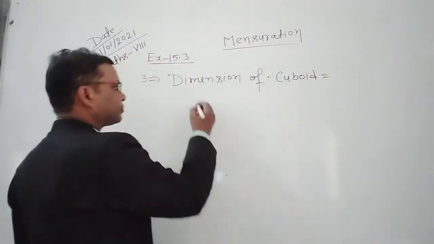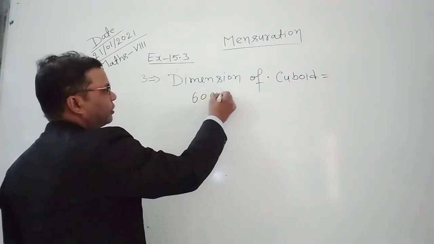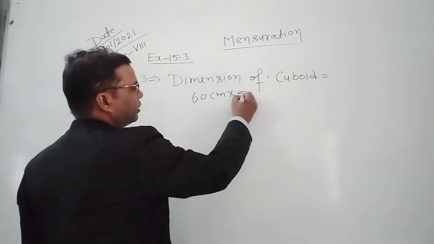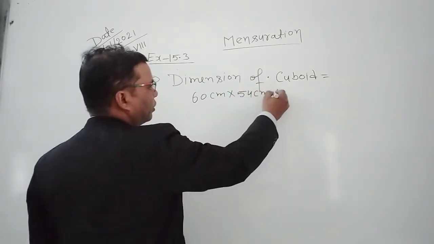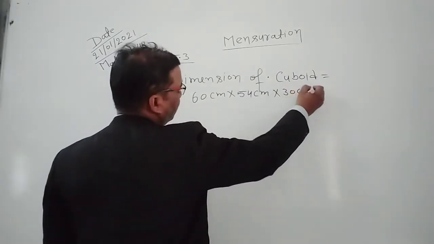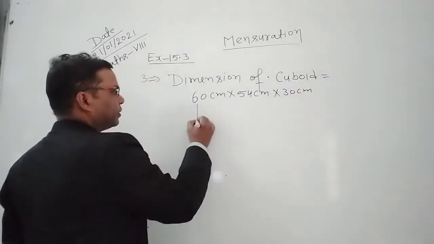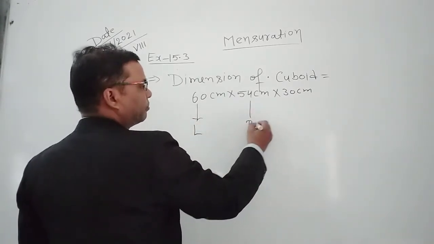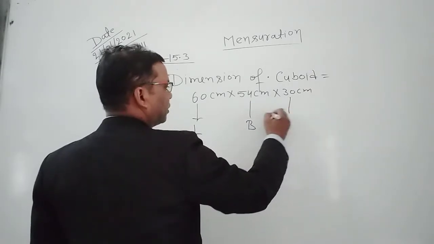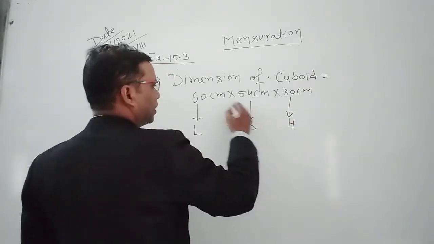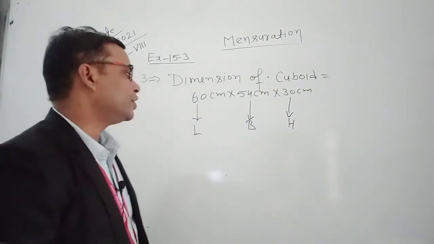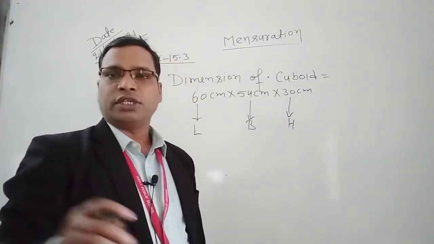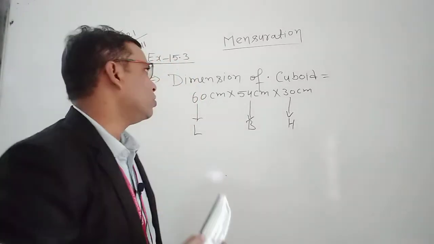This is given: 60 centimeter into 54 centimeter into 30 centimeter. So this represents the length of the cuboid, this represents the breadth, and this represents the height. Length is equal to 60 centimeter, breadth is equal to 54 centimeter, and the height is equal to 30 centimeter.